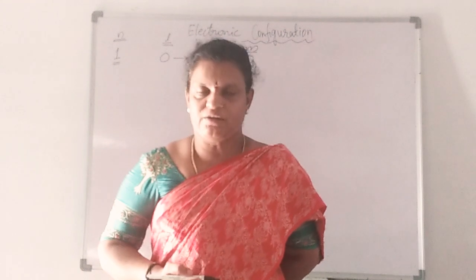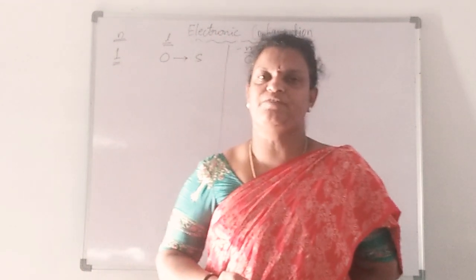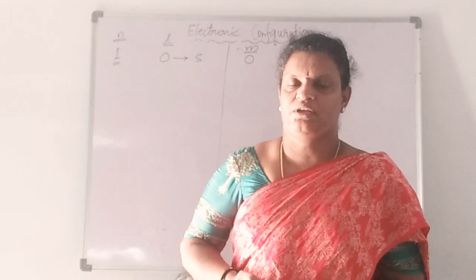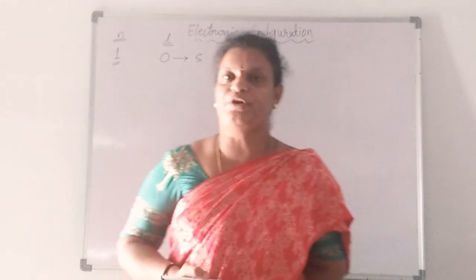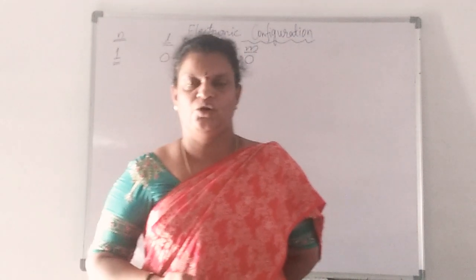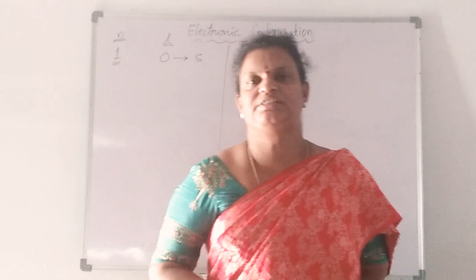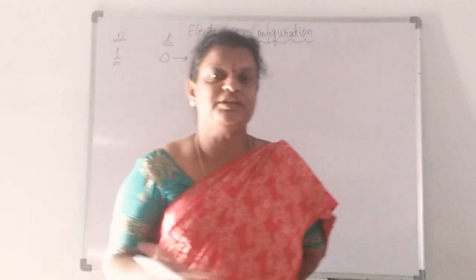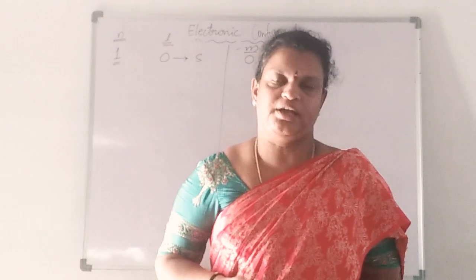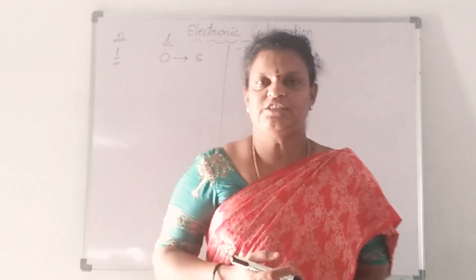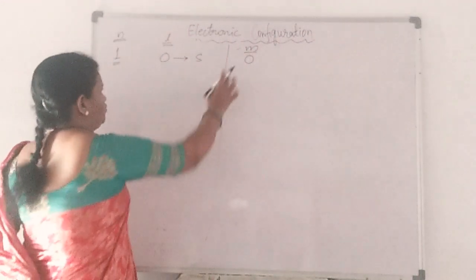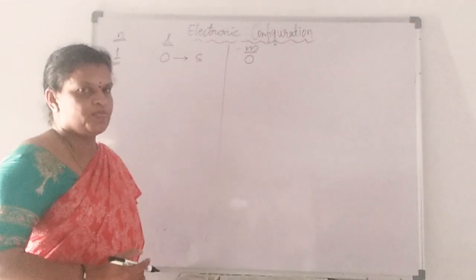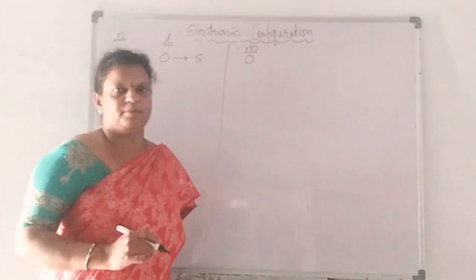Actually, the magnetic quantum number gives us information about the orientation of the subshell in the presence of a magnetic field, along which axis the subshell is present. Right. So only one orbital is present here.